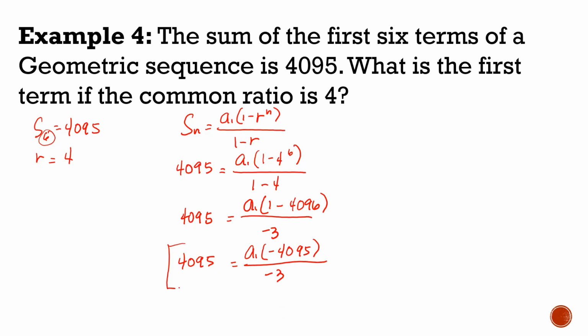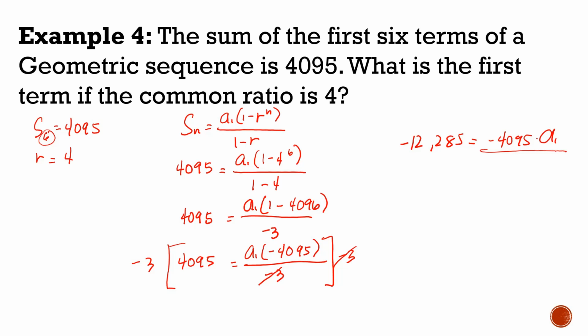So next step is every time we have an equation, we just need to multiply both sides by whatever the denominator is. So 4,095 times negative 3 is negative 12,285 equals negative 4,095 times a1.